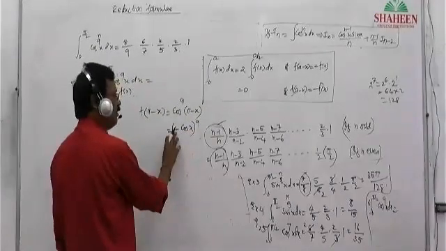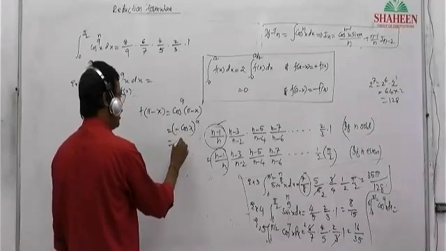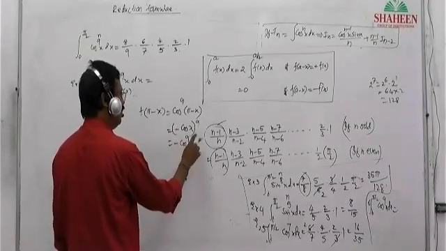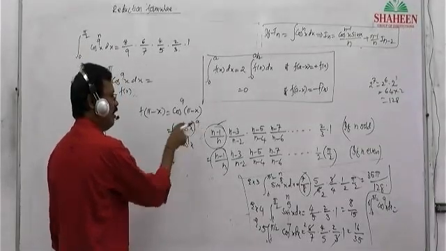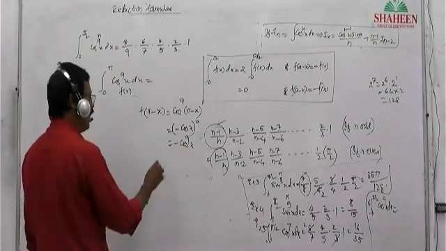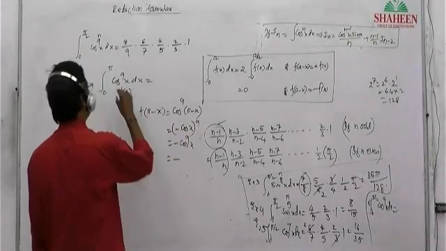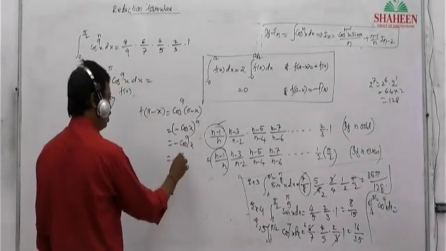Therefore, a negative number to an odd degree becomes minus. If it is an even degree, it will be plus. Odd degree, minus. What did you get? Minus cos power 9 x, that is minus f(x).